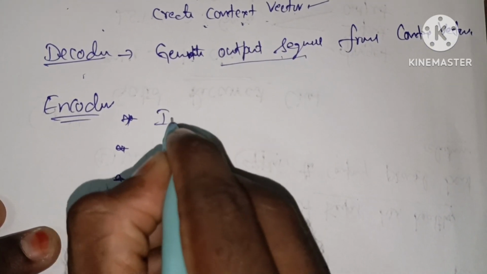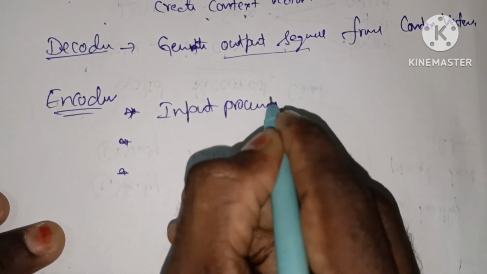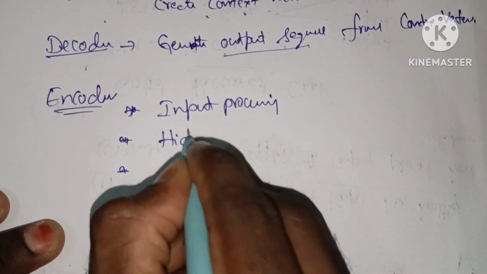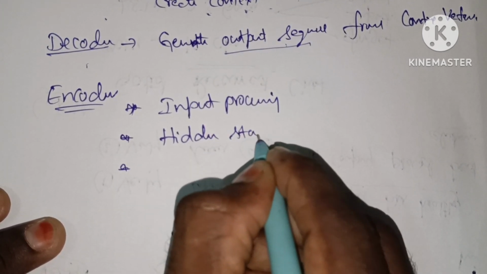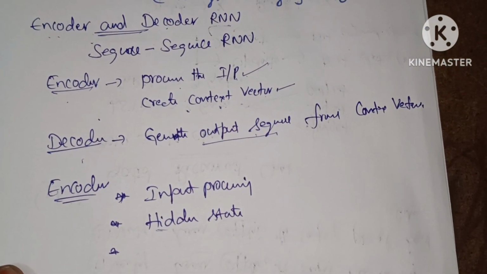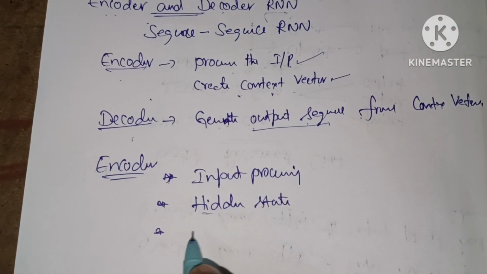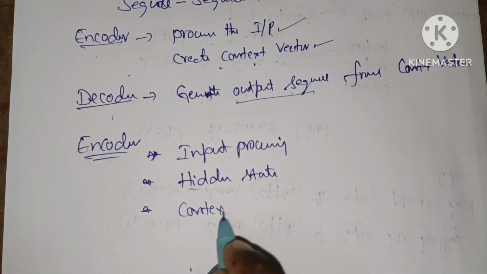One is input processing. Next is the hidden states. You know why, because it is RNN, and an RNN without hidden states is impossible; the RNN works with hidden neurons. Next is the context vector.